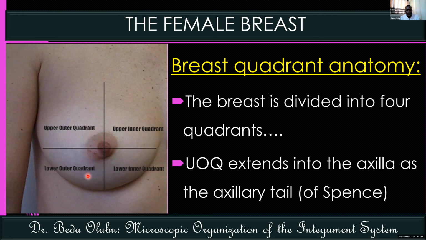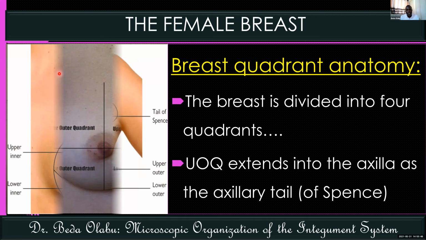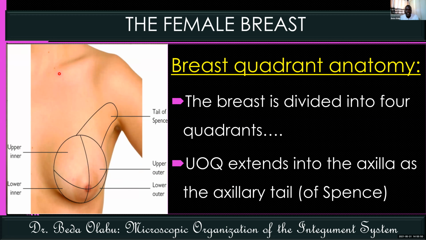Important to mention is that the upper outer quadrant has extensions of breast tissue towards the armpit, towards the axilla. The extension of breast tissue towards the axilla is what we call the axillary tail of the breast. The person who discovered it is called Spence, and so it's sometimes called the tail of Spence.